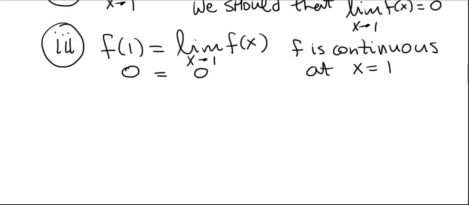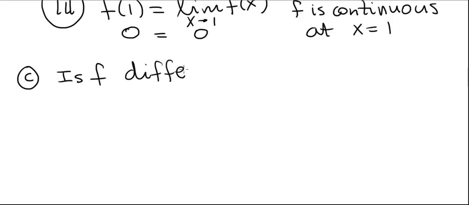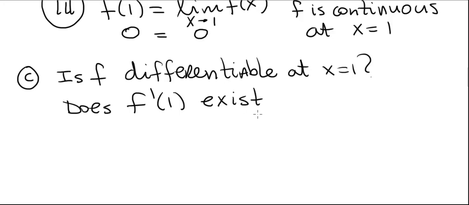In part C, we want to answer the following question: is f differentiable at x equal to 1? In other words, does f prime of 1 exist, or is it defined?